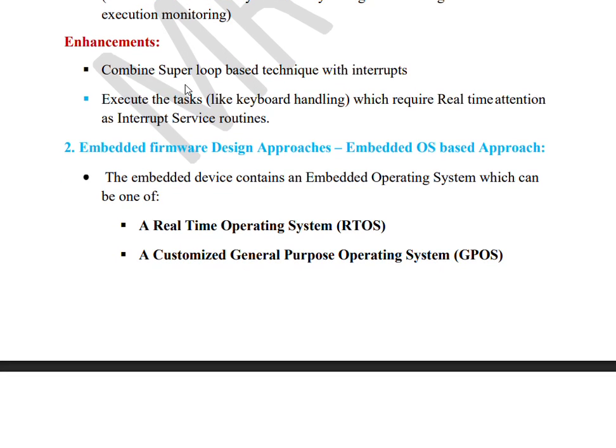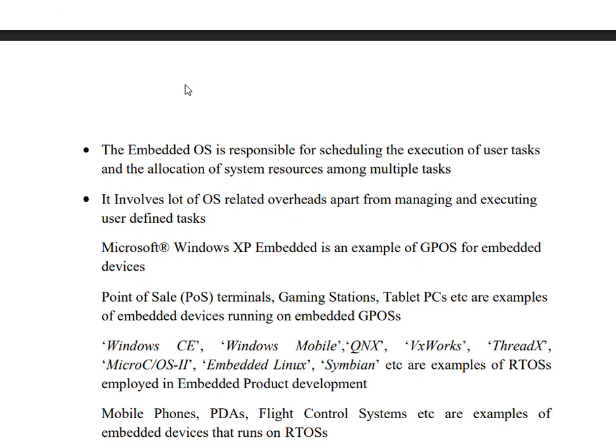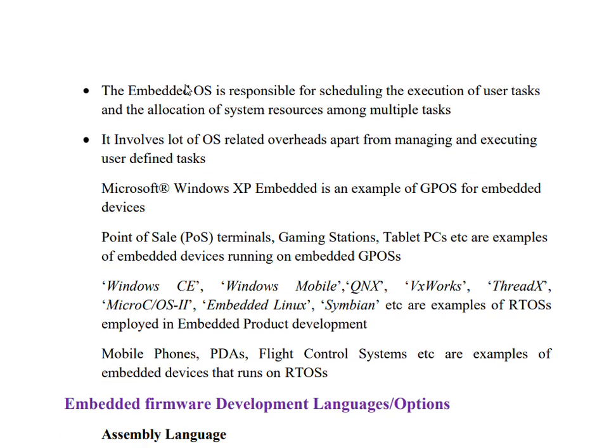The second most important one is the embedded operating system based firmware design approach. In this, the embedded operating system can be one of RTOS or GPOS. RTOS refers to real-time operating system and GPOS refers to general purpose operating system. The embedded operating system is responsible for scheduling the execution of user tasks and also the allocation of system resources.